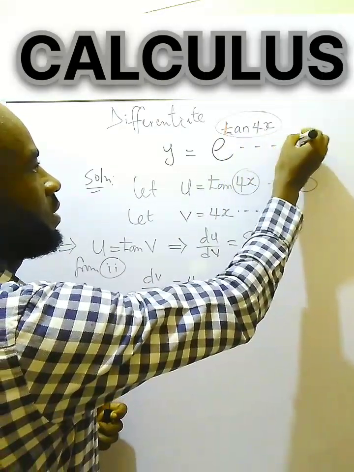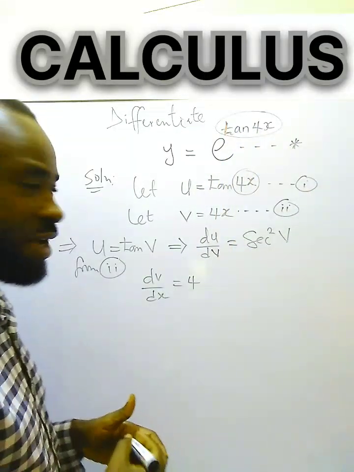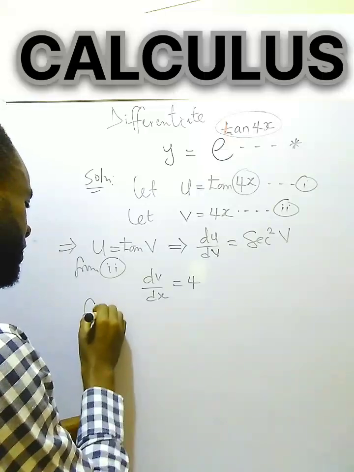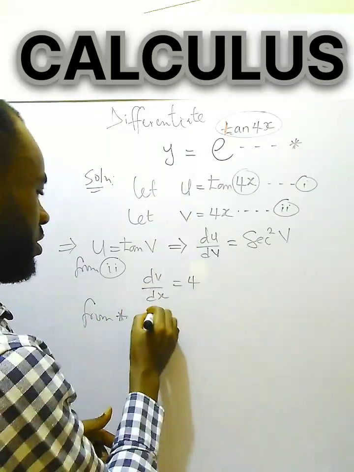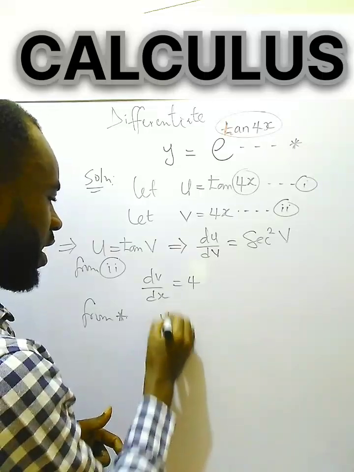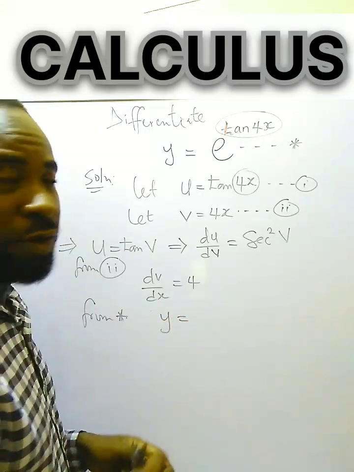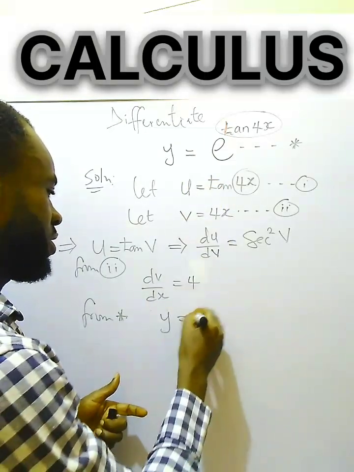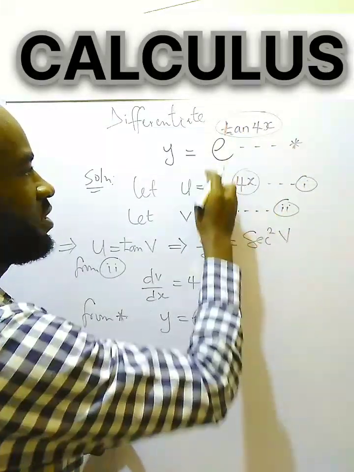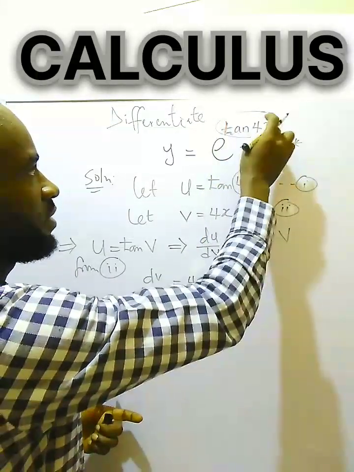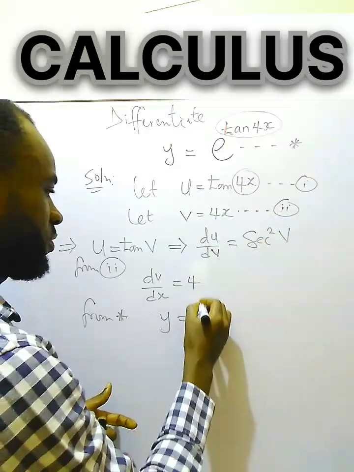This original equation, let me call it star. So let's go again. Let me say from equation star, it implies that y will become e raised to the power of, remember we're replacing this whole tan 4x with u, equals e^u.